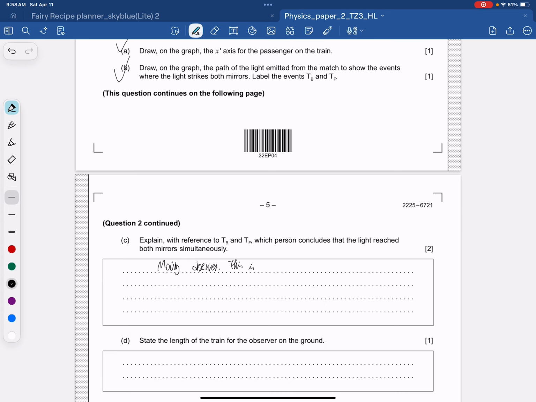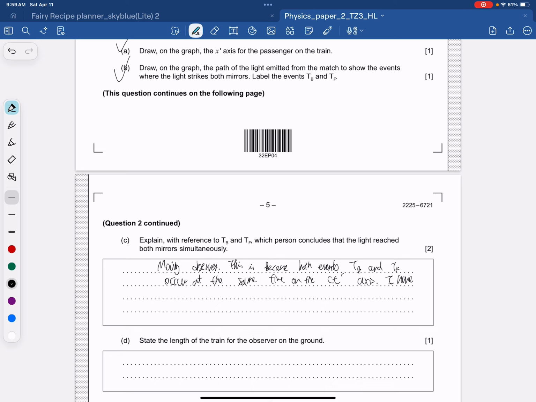This is because both events TB and TF occur at the same time on the CT primed axis.